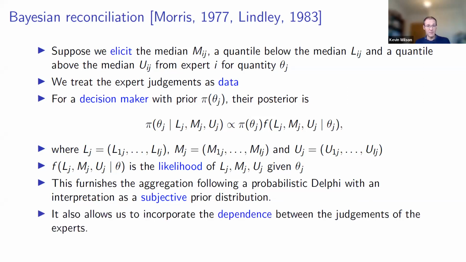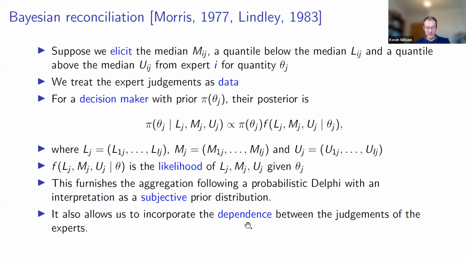Perhaps an even better reason that this is a nice thing to do is that within this likelihood function we can incorporate the fact that, through the information sharing in different rounds of the probabilistic Delphi method, and also through perhaps some sort of evidence dossier that you'll have compiled and given to the experts in advance, the experts are almost certain to be giving you dependent judgments. They're not going to be giving you independent judgments from one another.